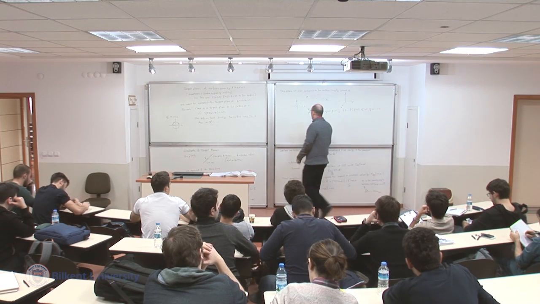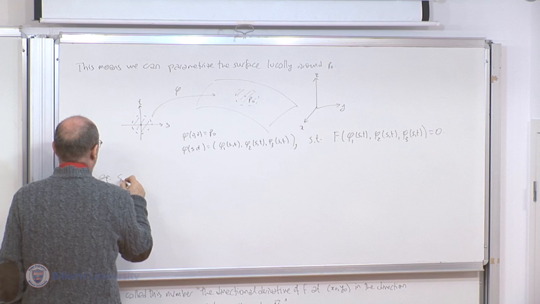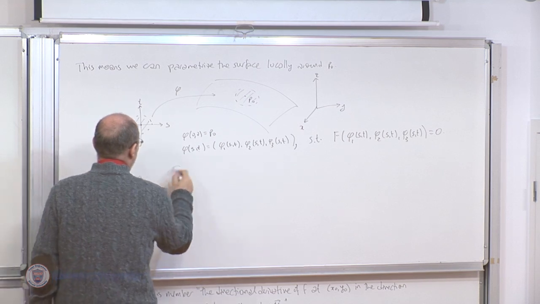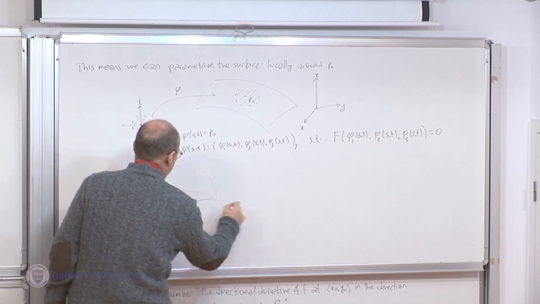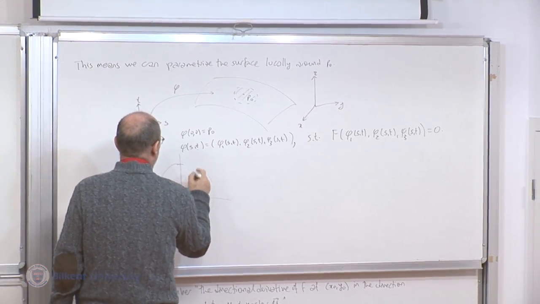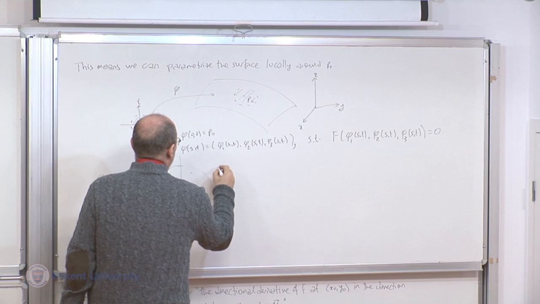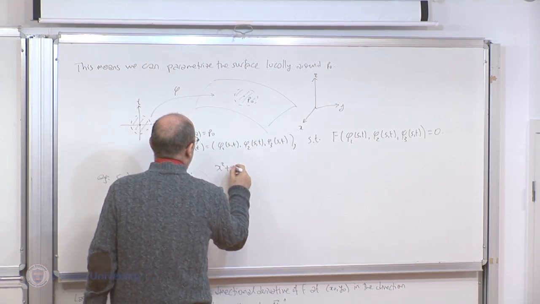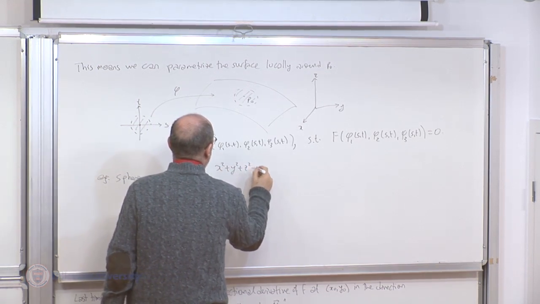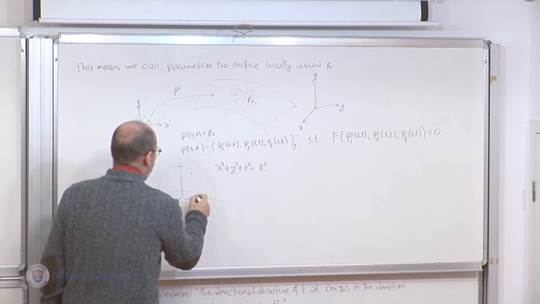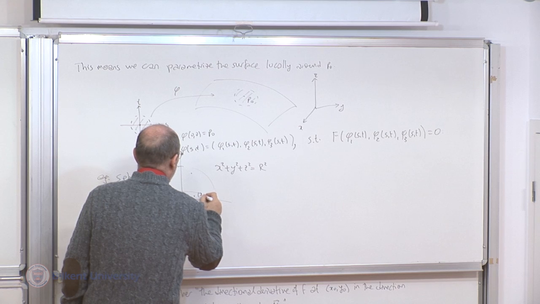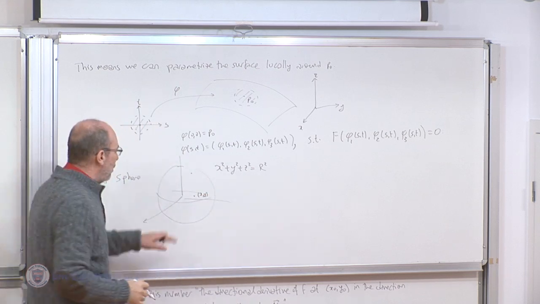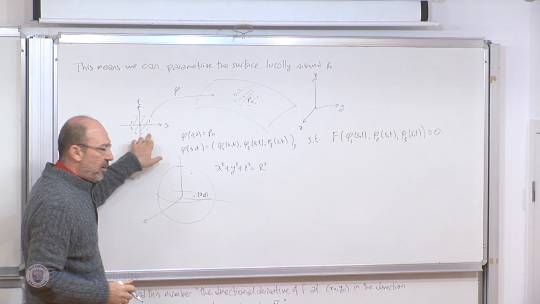Let me just write one example with the sphere. We have this sphere like this. First of all, this is x squared plus y squared plus z squared equals r squared. Take a point here. The point here is x, y, 0, but now I'm considering it like this.